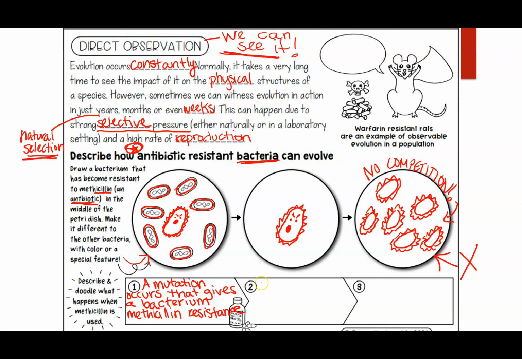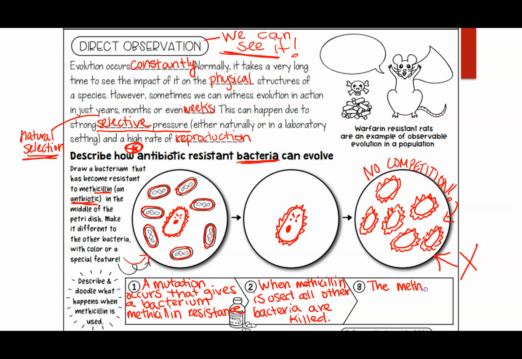Number 2, when methicillin is used, what's happening? Right here. All other bacteria are killed. Okay? So then, what happens here?